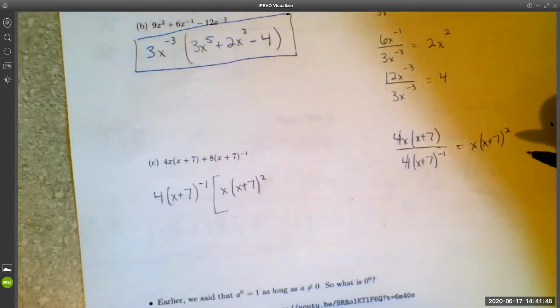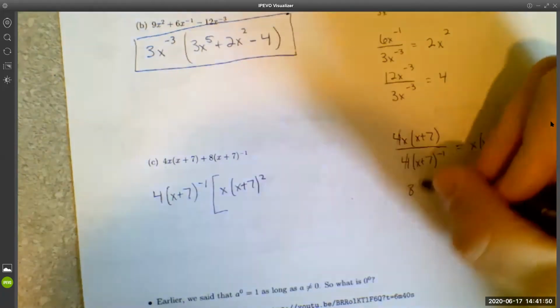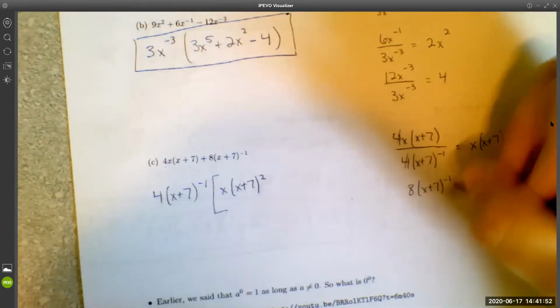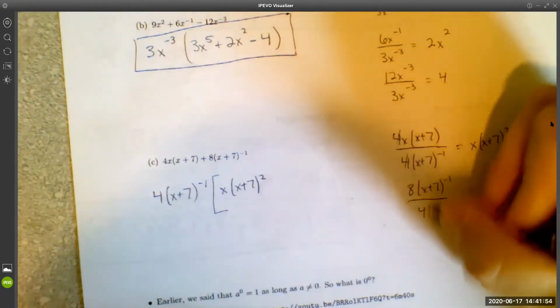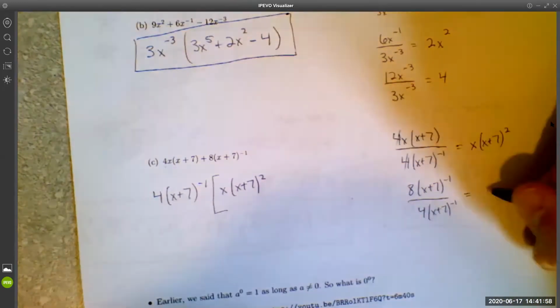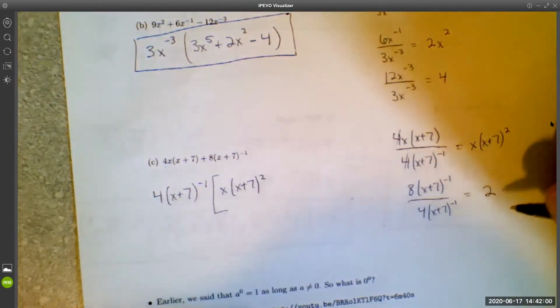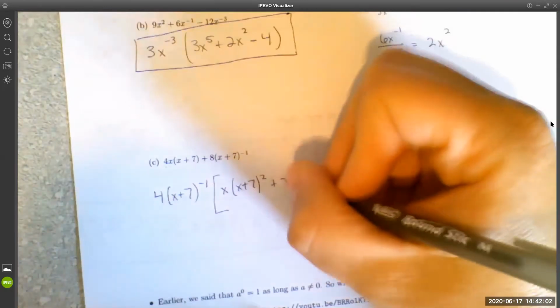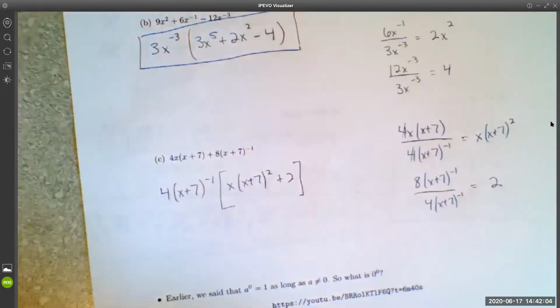For the next term, I'm going to do 8 times x plus 7 to the negative 1 divided by 4 times x plus 7 to the negative 1. That's going to give me 2, right? So that one is just 2. Okay, I think we can simplify that a little bit.